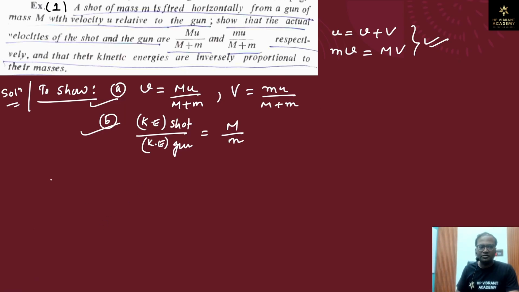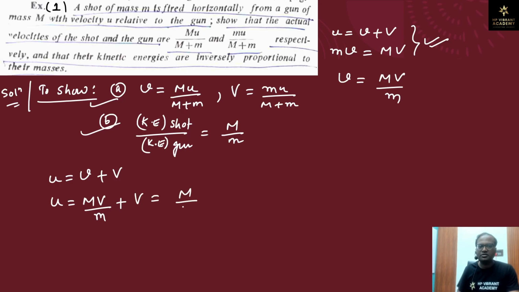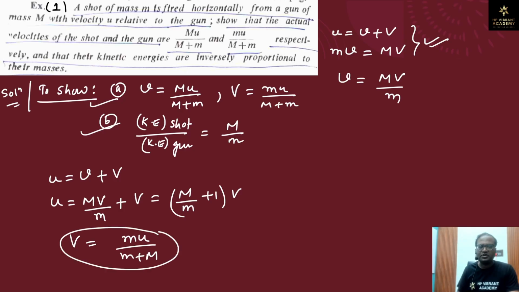We have small u is equal to small v plus capital V, and from here small v is equal to capital M V upon small m. Placing this, u is equal to capital M V upon small m plus capital V. This is equal to M upon small m plus 1, into V. So we have capital V is equal to small m u upon small m plus capital M.